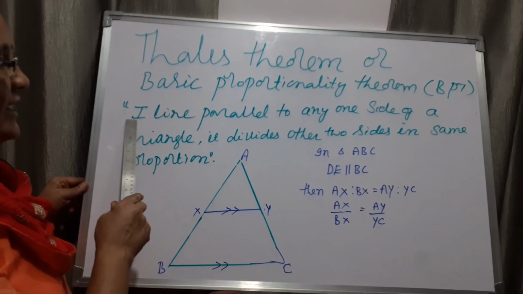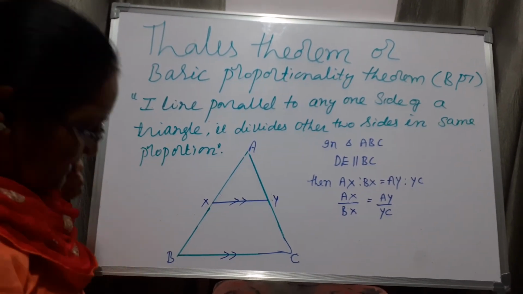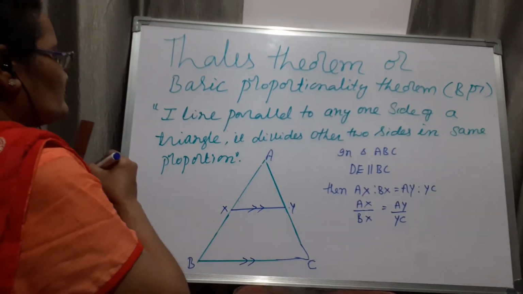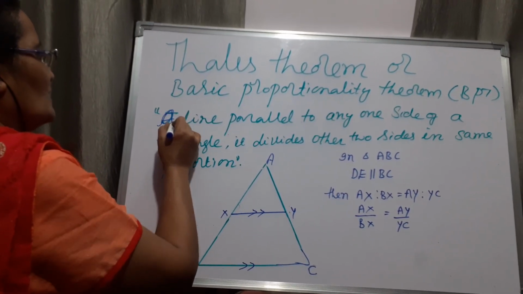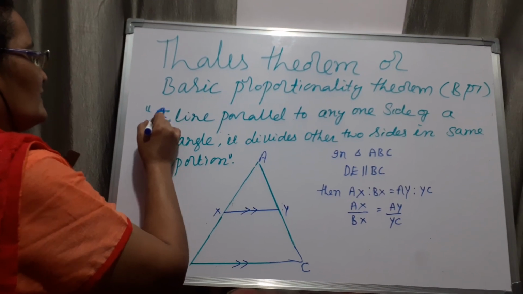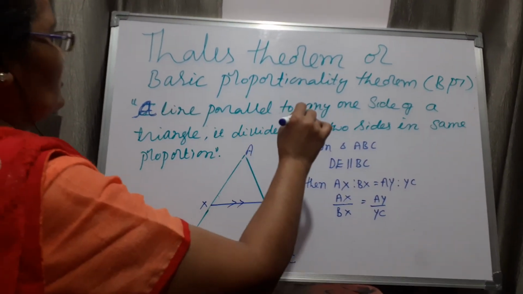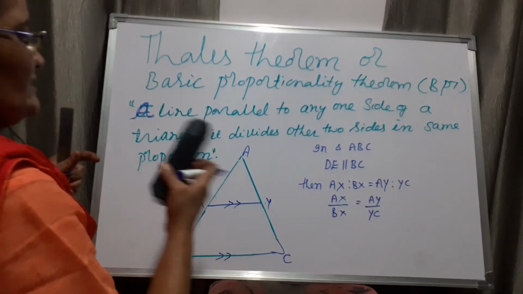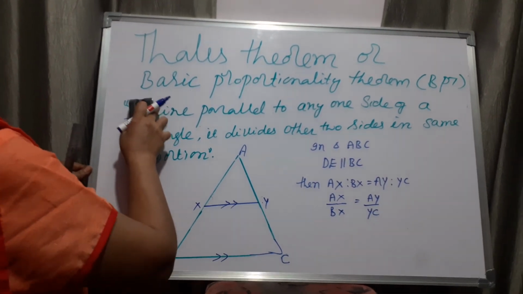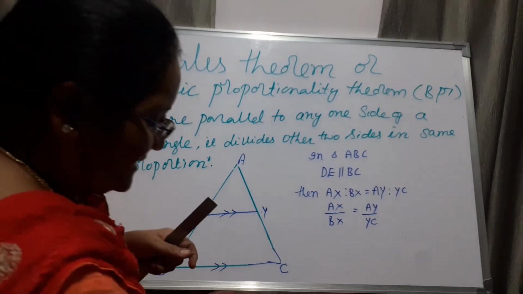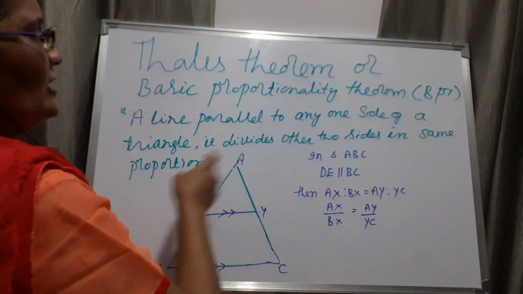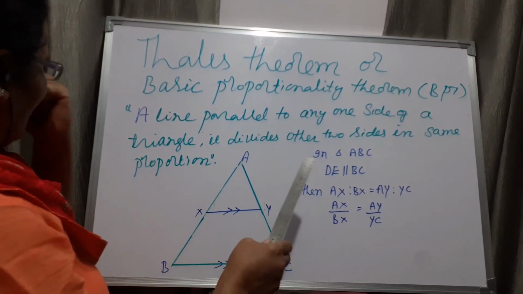See this one. A line parallel to any one side of a triangle. A line, maybe a straight line, parallel to any one side of a triangle.